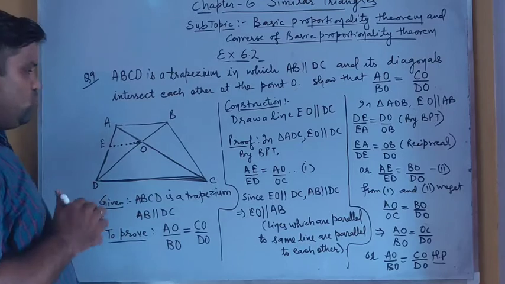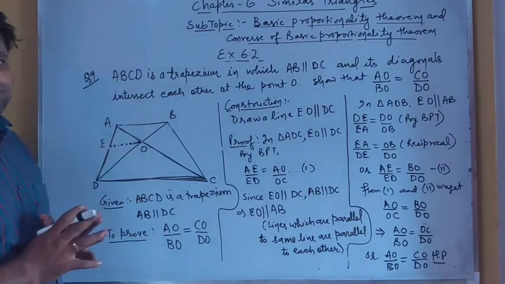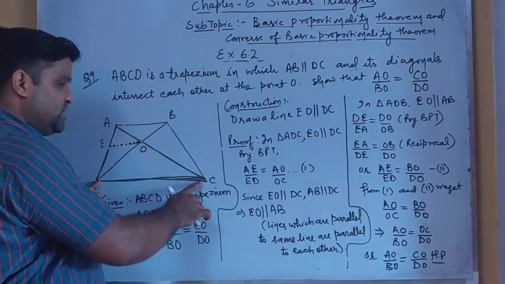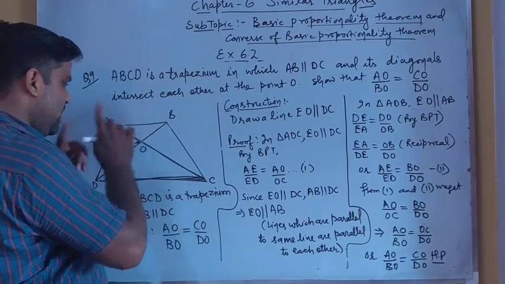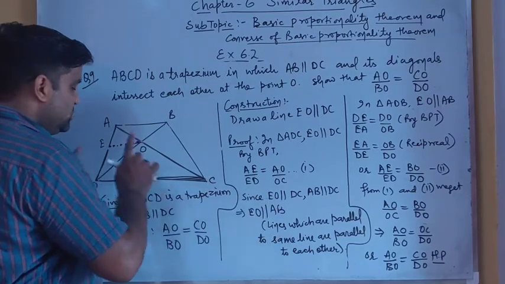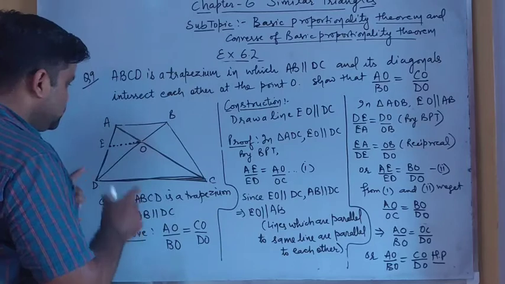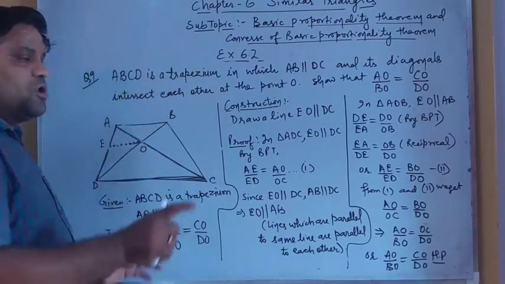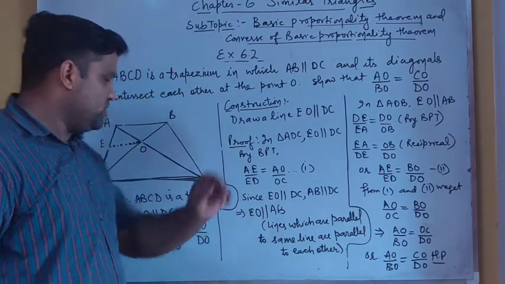Okay, now let us come to another thing. As in the question, EO is parallel to DC and AB is parallel to DC. Again, here EO is parallel to DC. Similarly, AB is parallel to DC by given. So it implies that EO is parallel to AB by using a theorem: lines which are parallel to the same line are parallel to each other.